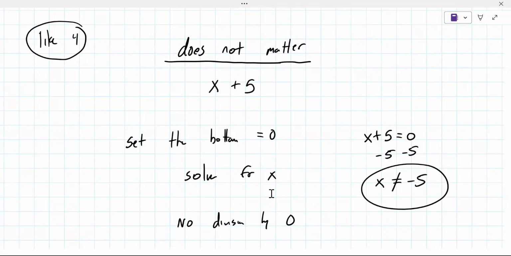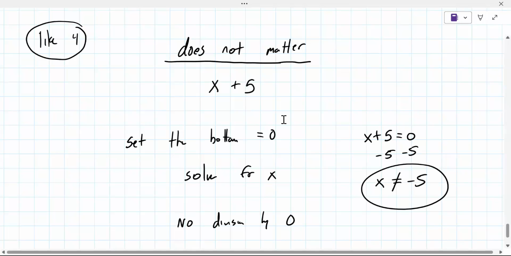So let's say we didn't equal. Okay, so here I didn't do the top. We ignore the top. X plus 2 equals 0. Subtract 2 from both sides. And then x equals -2.